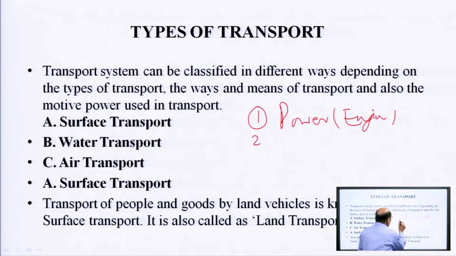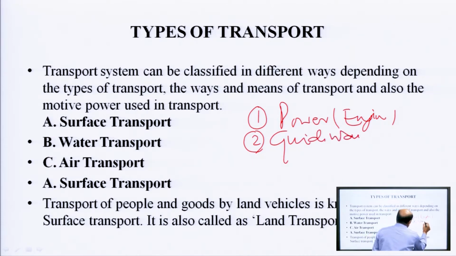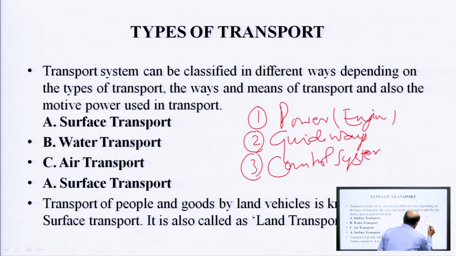Second is guideway, and third is control system. These combined three comes under transportation system.